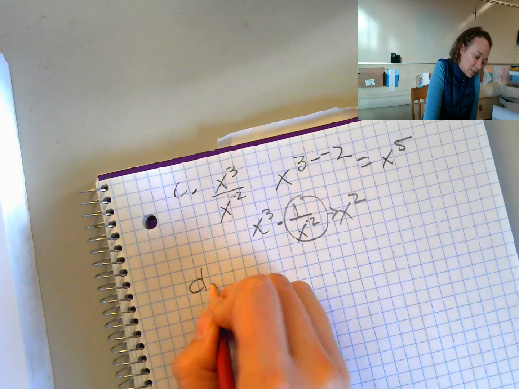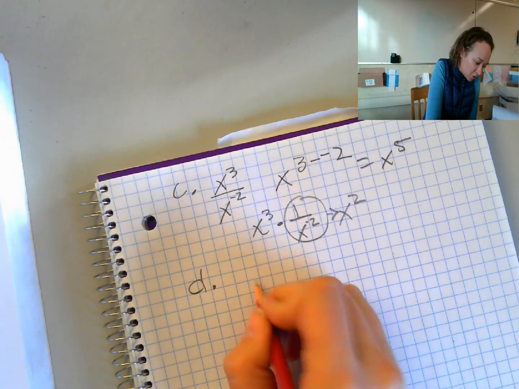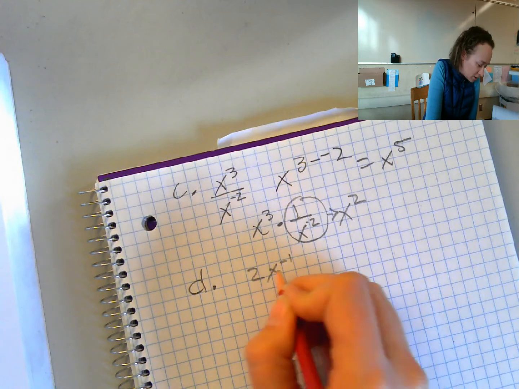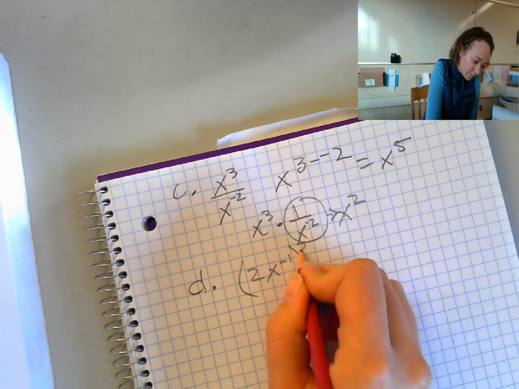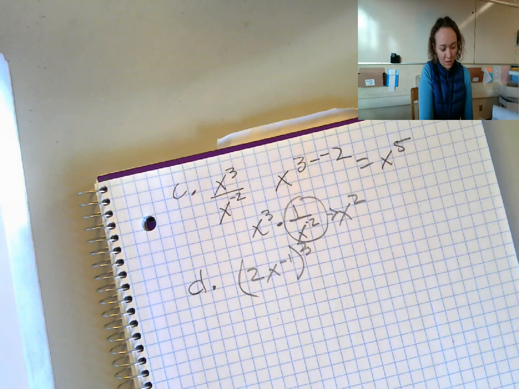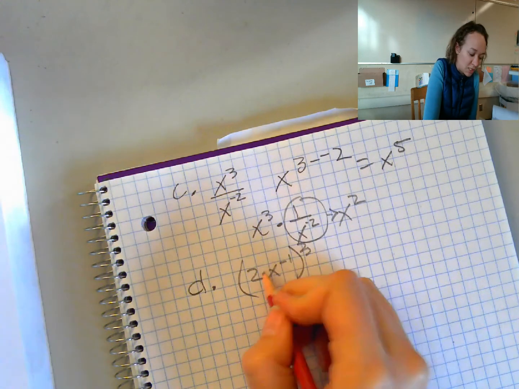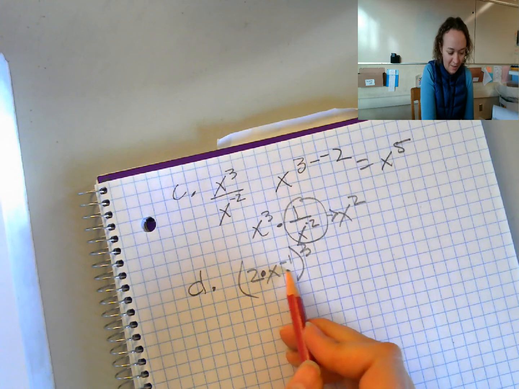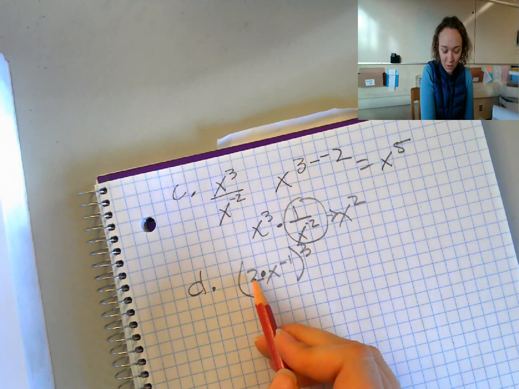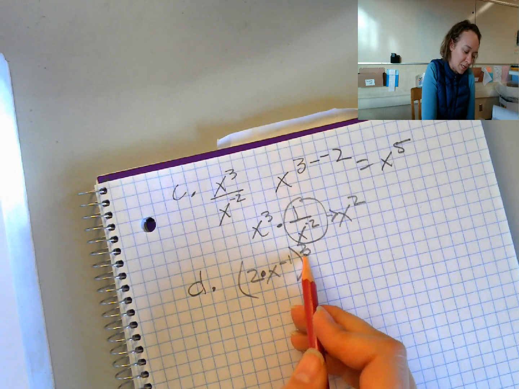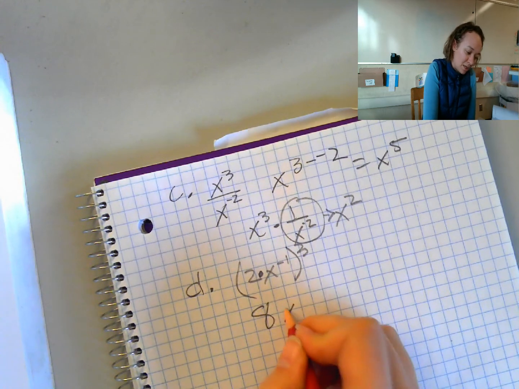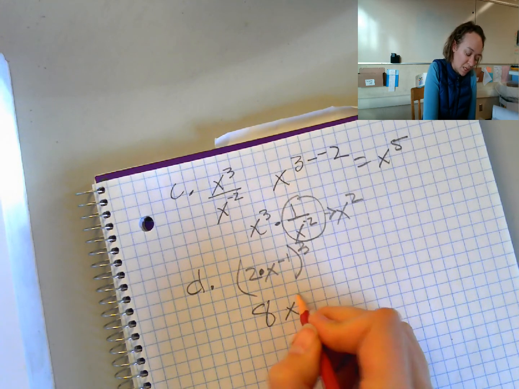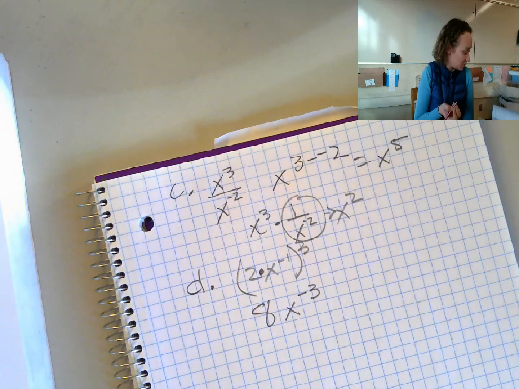All right, then on D, we have 2x to the negative 1, to the 3rd. So here, remember that this is 2 times x to the negative 1, so that cube applies to them separately, and that negative 1 does not apply to the 2. So 2 cubed is 8, and then negative 1 times 3 would be negative 3. That would be one possible answer.